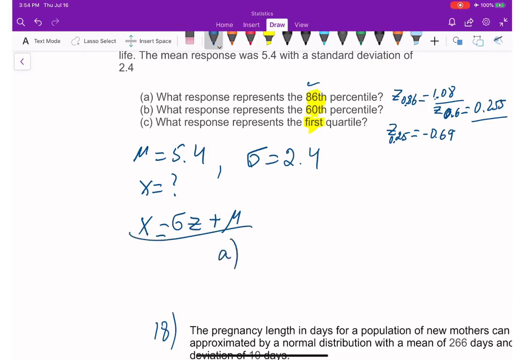A is going to be 2.4 times the z-score, which is 1.08, and plus mu, 5.4. And the result is going to be 7.99. Next one.